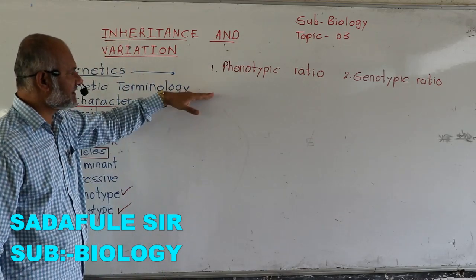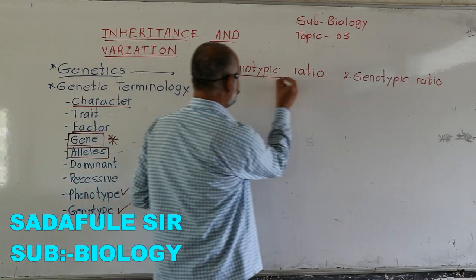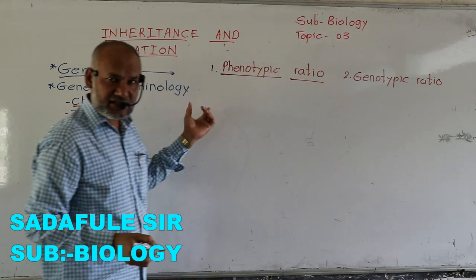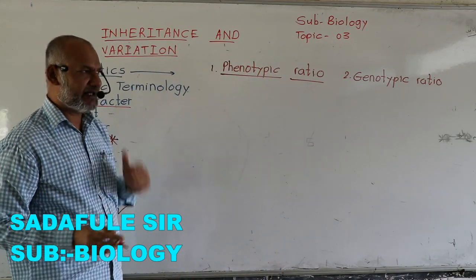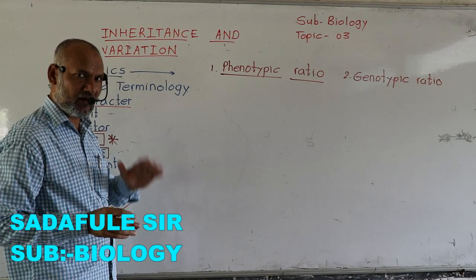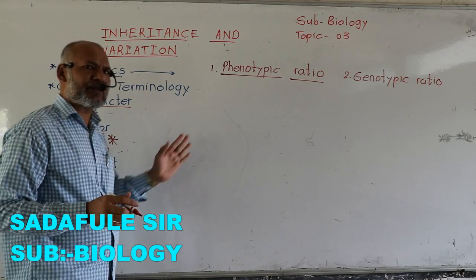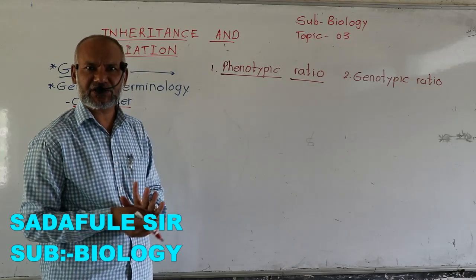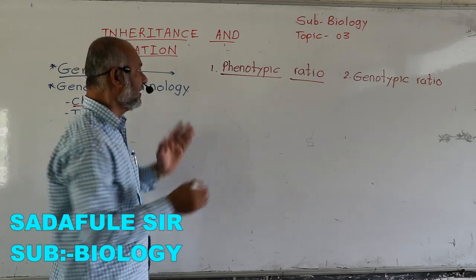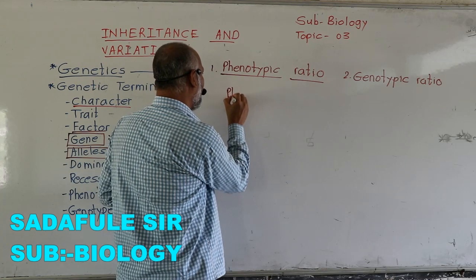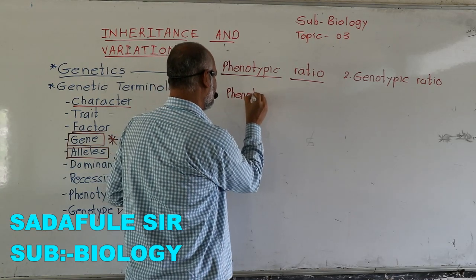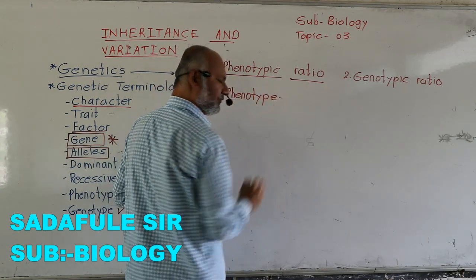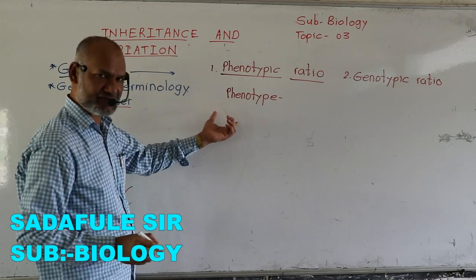Now the first one is the phenotypic ratio. It is the ratio of individuals obtained in any cross, it may be F1 generation or F2 generation, on the basis of phenotype. We know phenotype. What is phenotype?